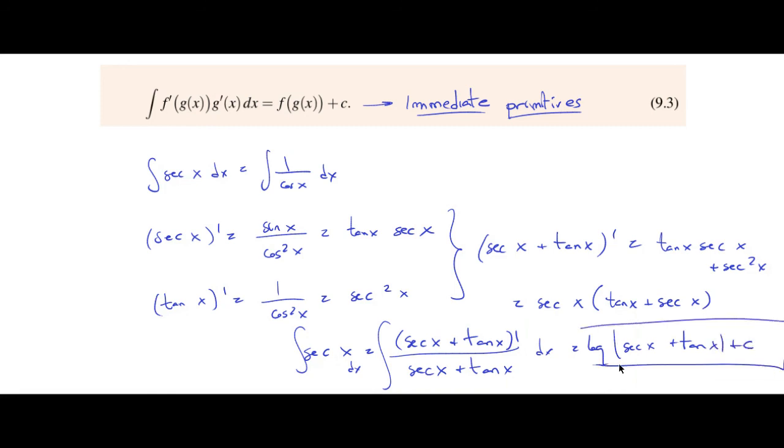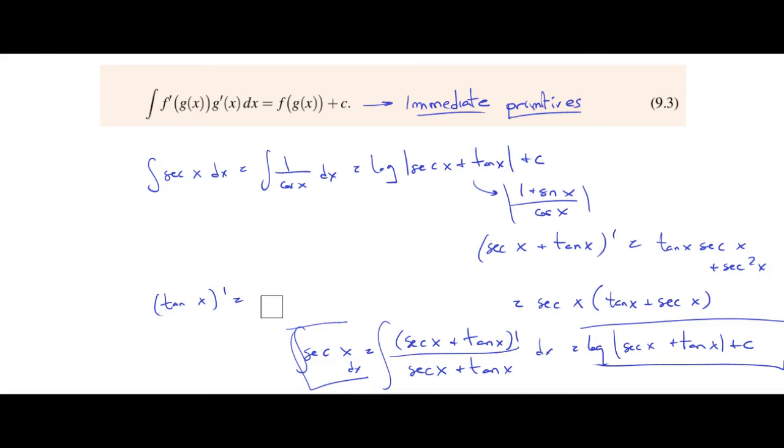And this is exactly equal to the primitive of the secant. So this is the logarithm of the absolute value of the secant plus the tangent, plus c. You can also write this, if you want, as 1 plus the sine divided by the cosine. Both ways are correct if you don't like one of the two.